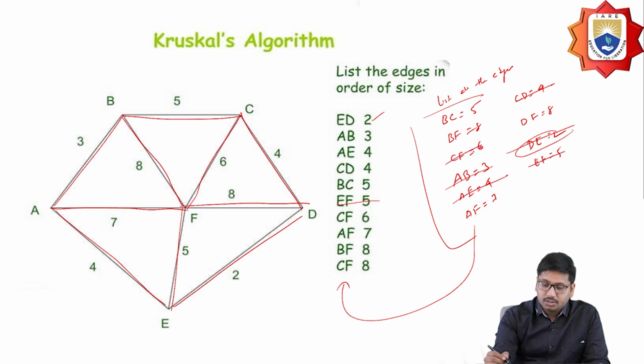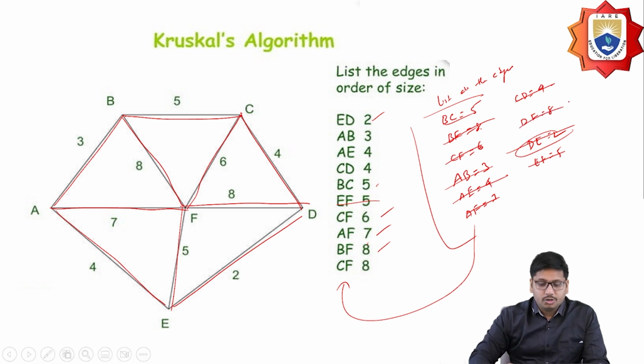Then CF 6 and AF 7, EF 8, and finally BC. BC is already there, and then BF and FD. FD I'm going to consider, so this should be the DF.